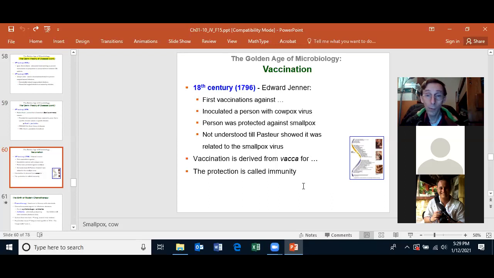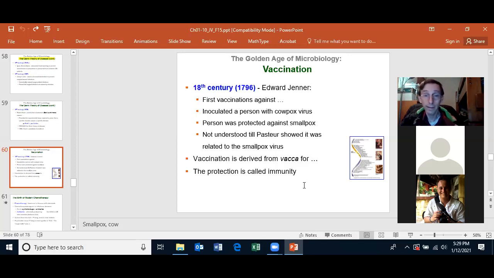We did not know why the cowpox virus protected people against smallpox. It was not understood until Louis Pasteur experimented with it, and he showed what was going on and why vaccines work.